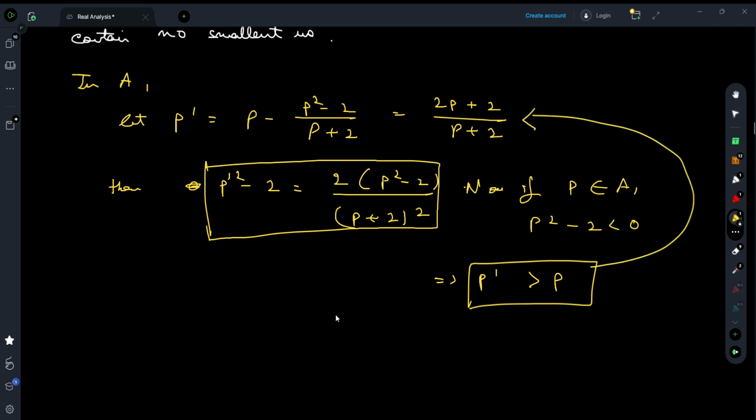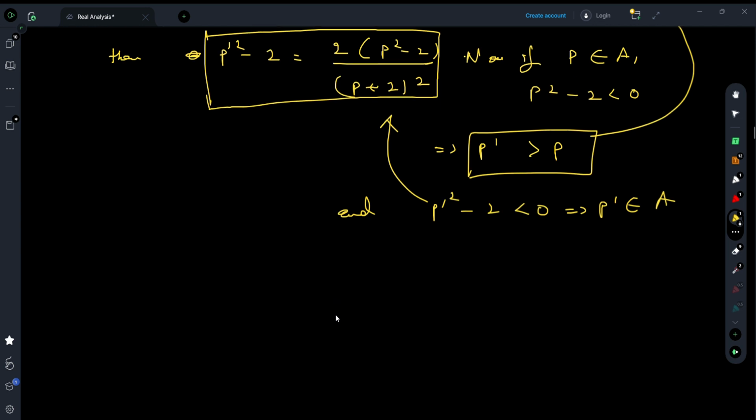Got it? This we can conclude from here. And p dash square minus 2 is also less than 0, which will obviously imply that p dash is also in A. So here is the proof for the set A.